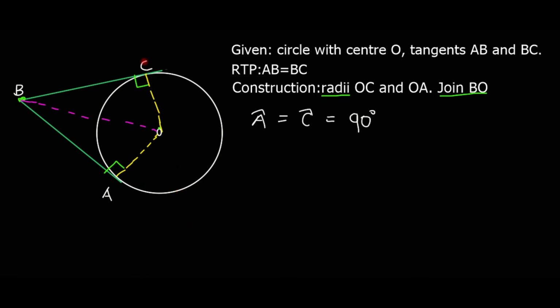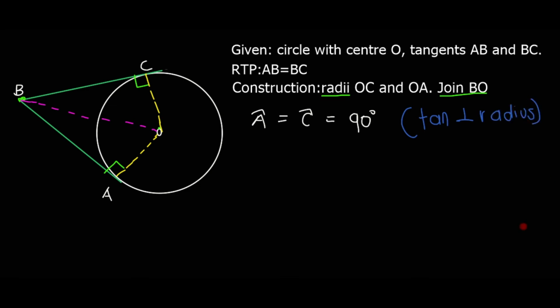So we have radius OC touching our tangent BC, which creates 90 degrees. So the reason will be: tangent is perpendicular to radius.